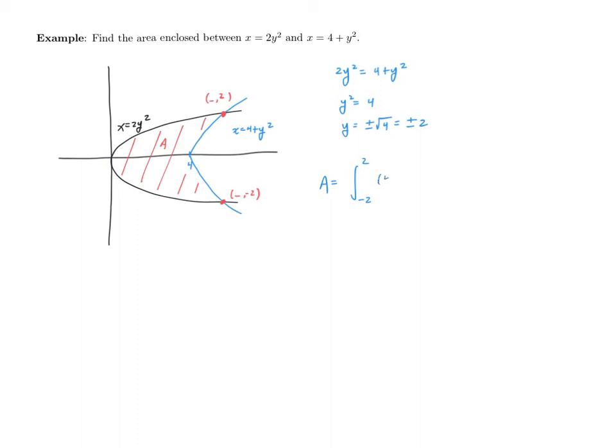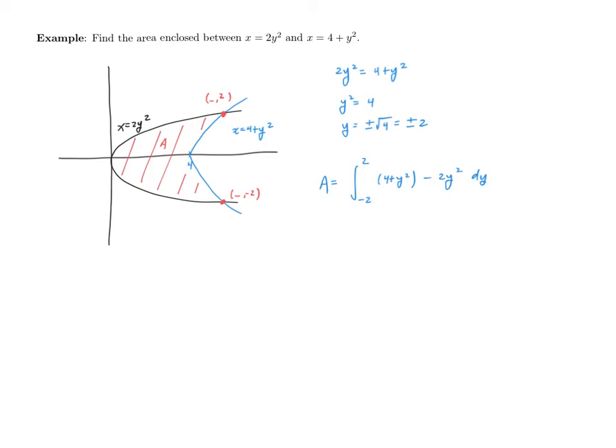So we would integrate 4 plus y squared minus 2y squared. And this is the new, and probably what we could all agree upon, the most difficult part of this problem. Getting the picture drawn, finding the points of intersection, setting up this definite integral to evaluate.